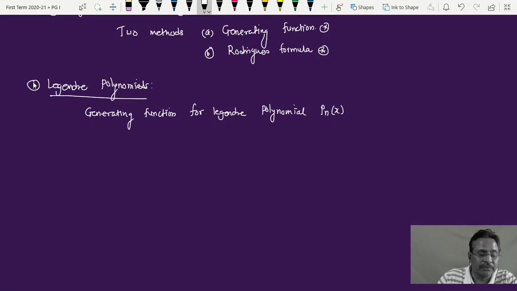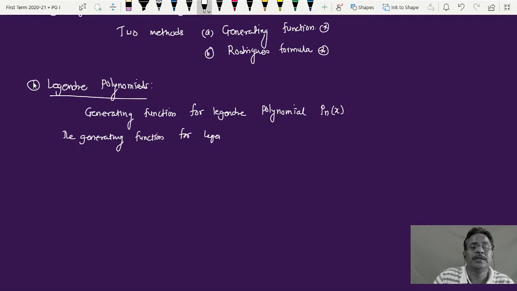Now we'll write it very briefly. The generating function, GF, means generating function, for Legendre polynomial or function.